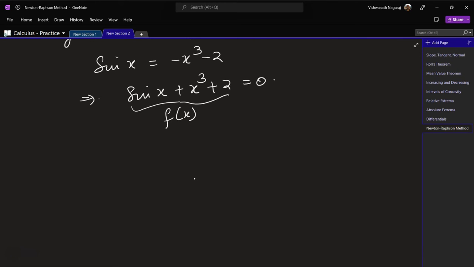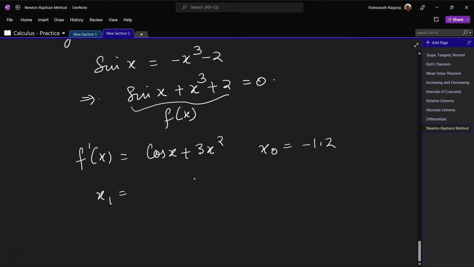Okay. So f prime of x is going to be cos x plus 3x square. Now x naught is, remember, minus 1.2. So x1 is going to be x naught minus f of x naught by f prime of x naught, which gives us minus 1.059037.